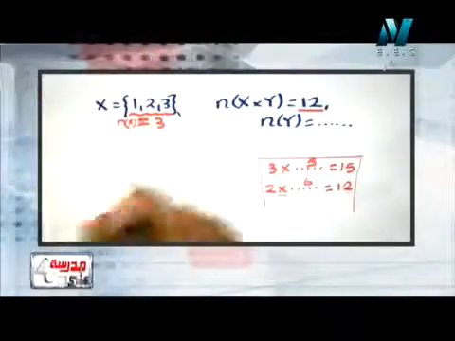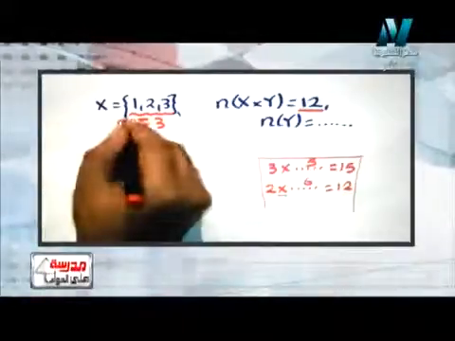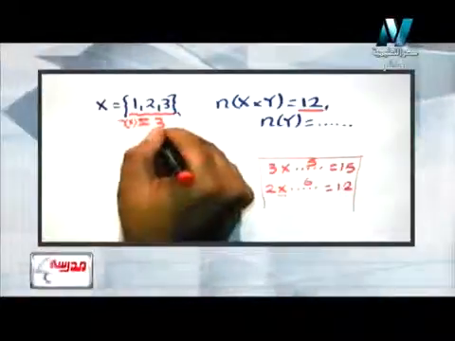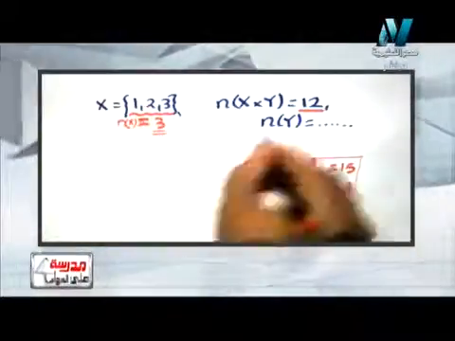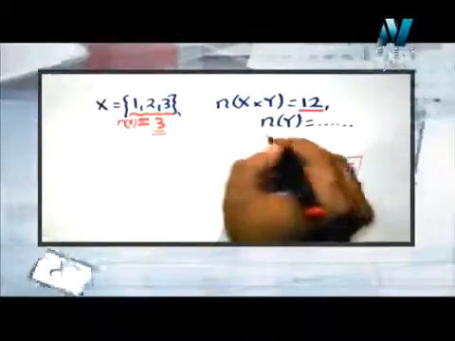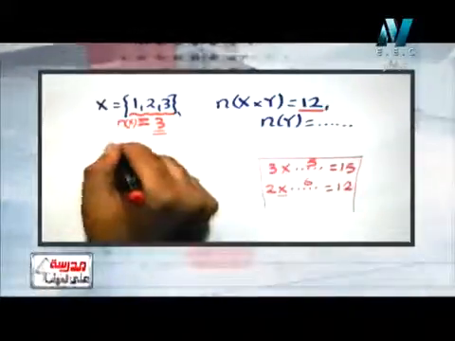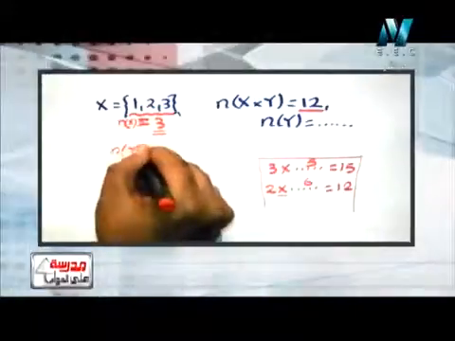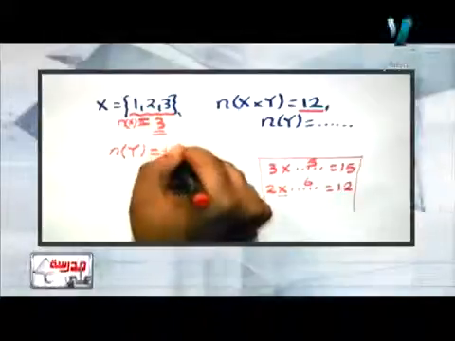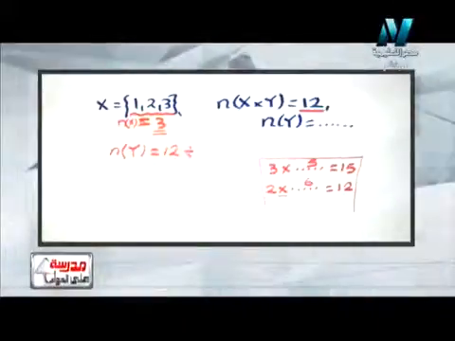In this question we have x equals a set of elements 1, 2 and 3. So n of x equals 3, and n of x product y equals 12. Then to find the answer we can make it n of y, the number of elements of y, which is 12 divided by 3.